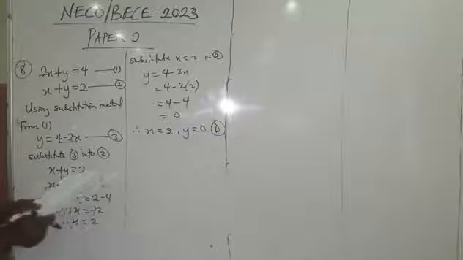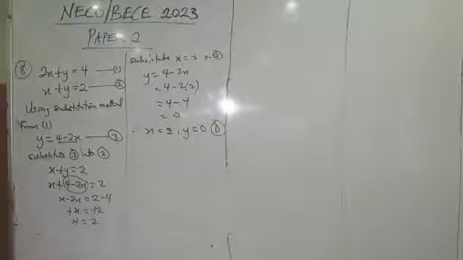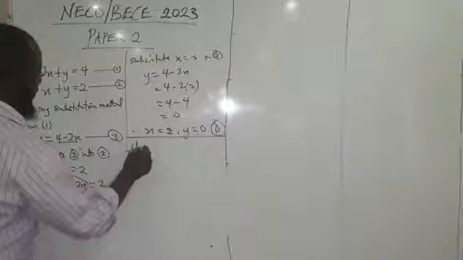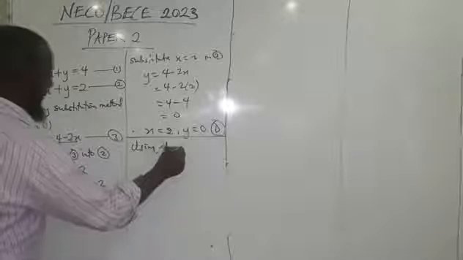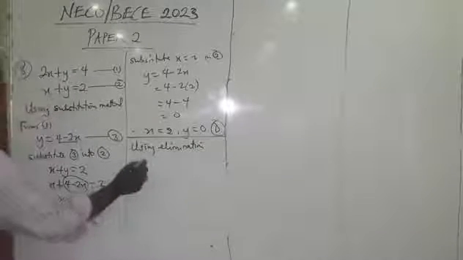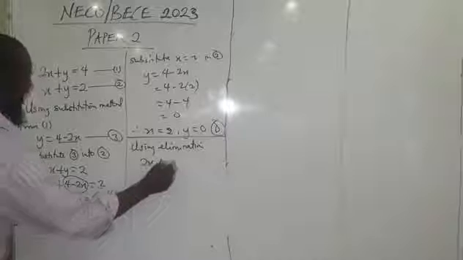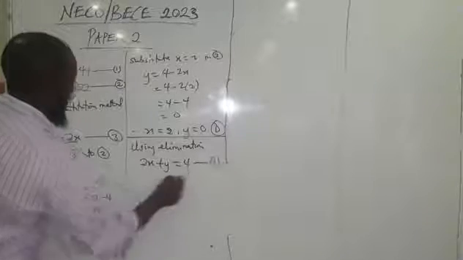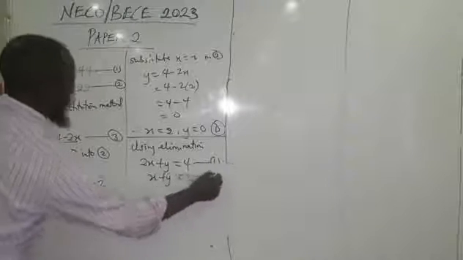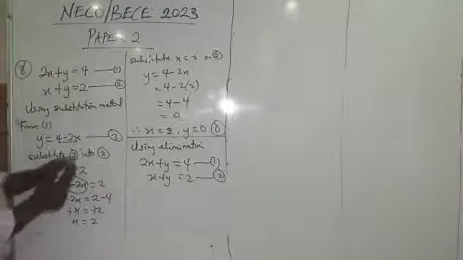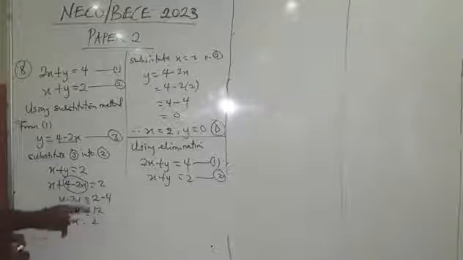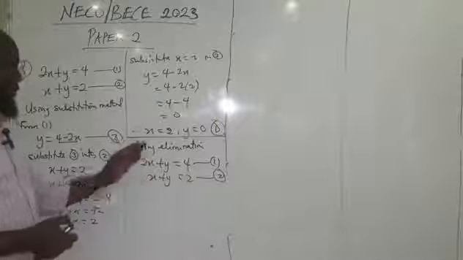Right? Then, using elimination method, we have 2x plus y equals to 4, equation 1. Then x plus y equals to 2, equation 2. So if you look at this, the variable you want to eliminate must have the same coefficient in both equations.